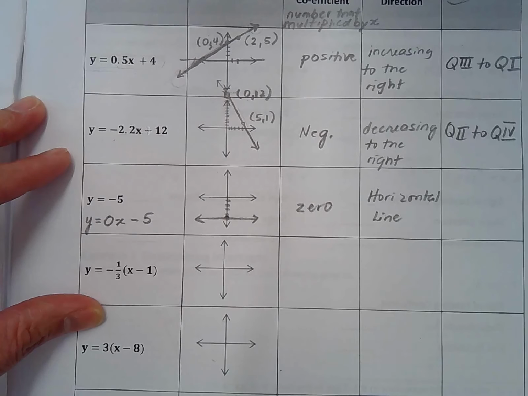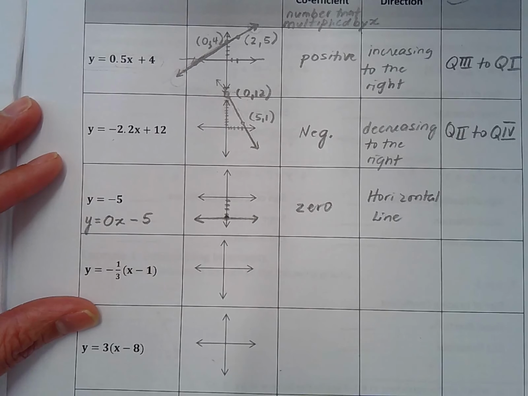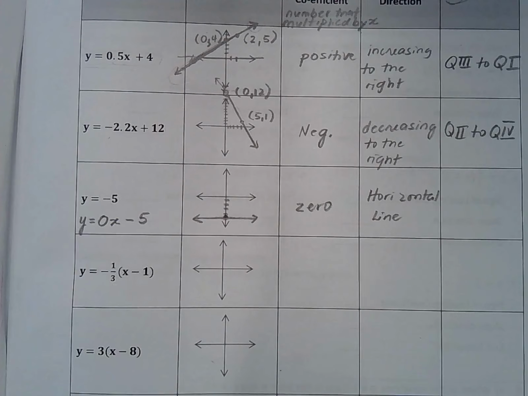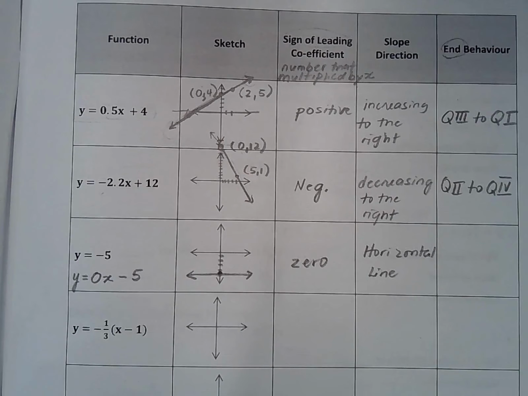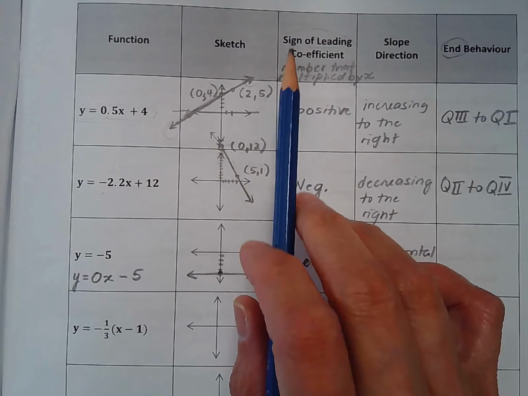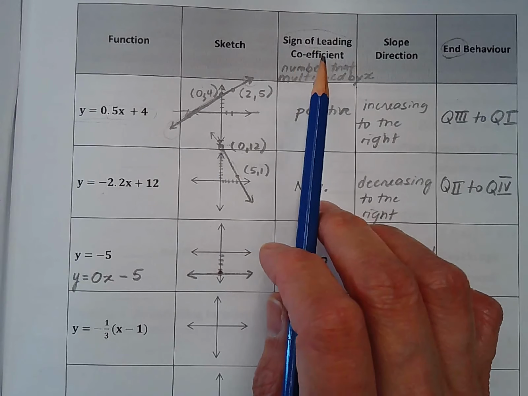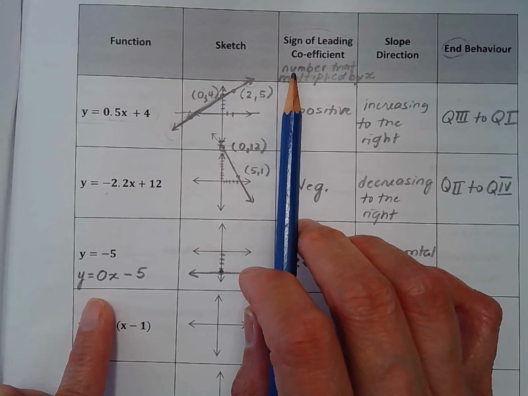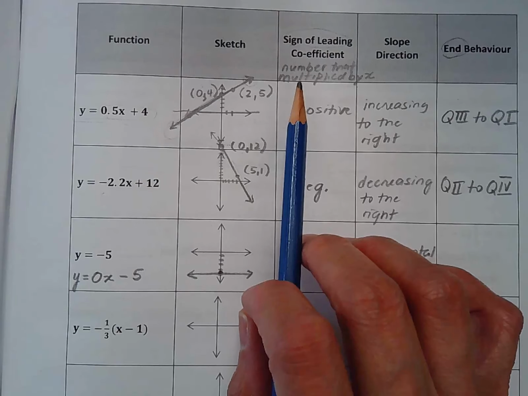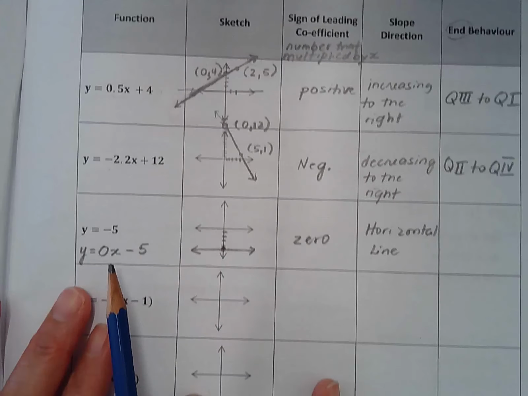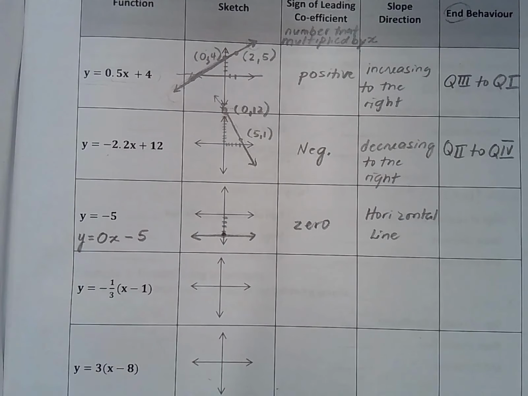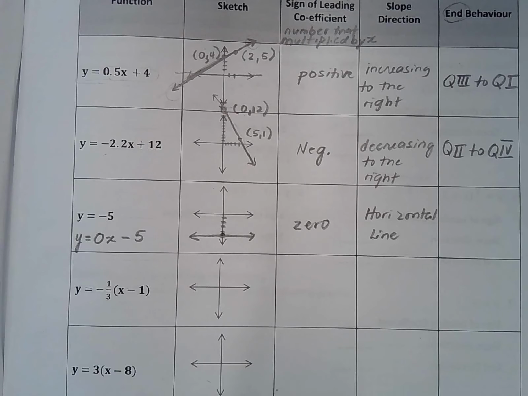Wait, why would it be 0? Why wouldn't it be negative? Because there's only a negative. Oh, yeah. It says here the sign of the leading coefficient. The leading coefficient is the number that is being multiplied by the x. In this case, if we write it this way, it's very clear to us that it's 0.